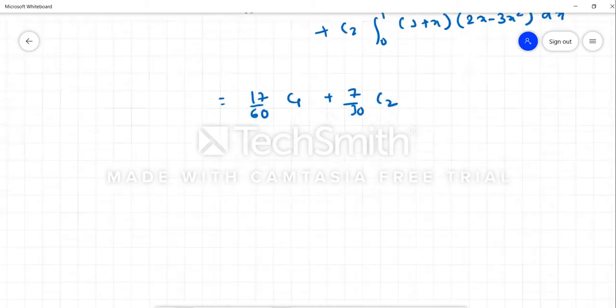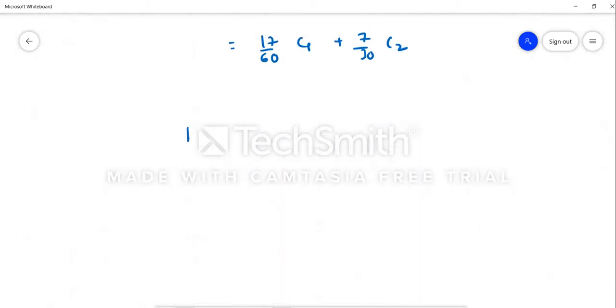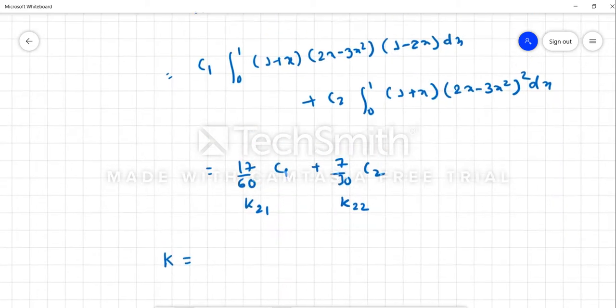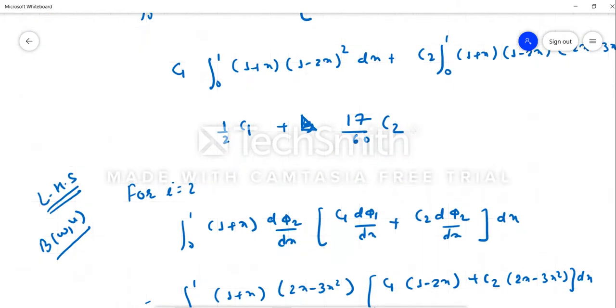The K matrix will be: this is the K21, this is the K22 value, this is our K11 value, and this is the K12 value. Okay, just wait a second. What was that?